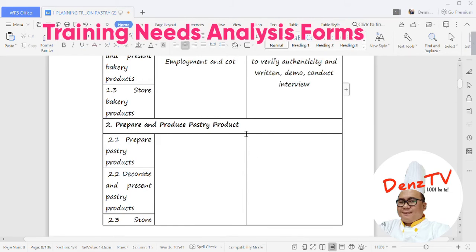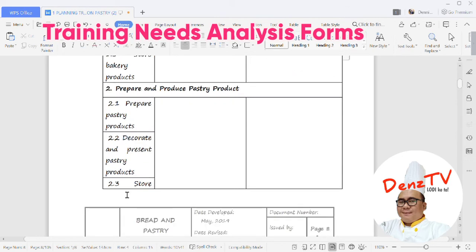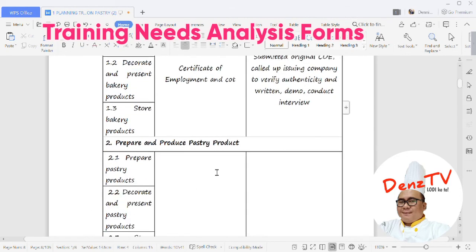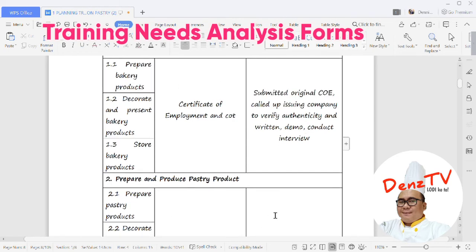So let's move on to his chosen core competency. If you have noticed, you just copy the units of competency and the learning outcomes from the self-assessment checkers. There is no certificate here, there's no validation here.